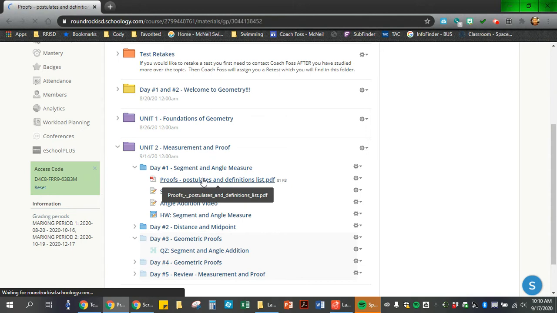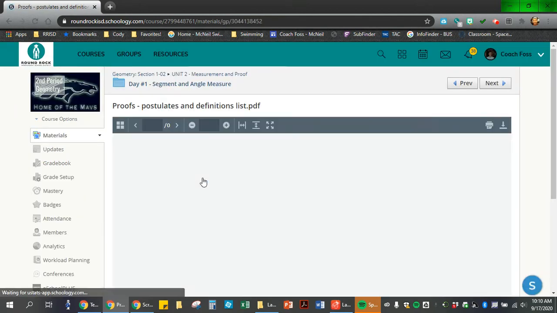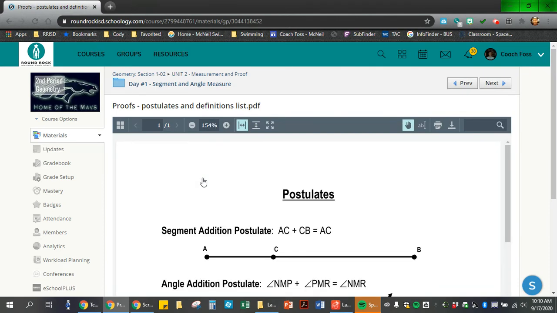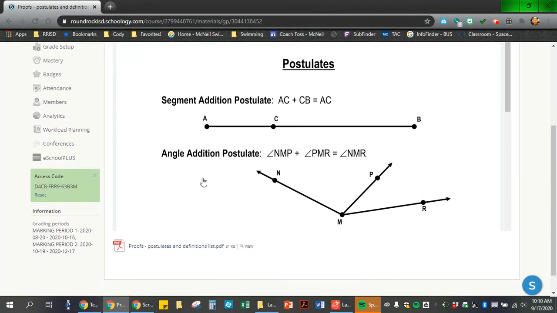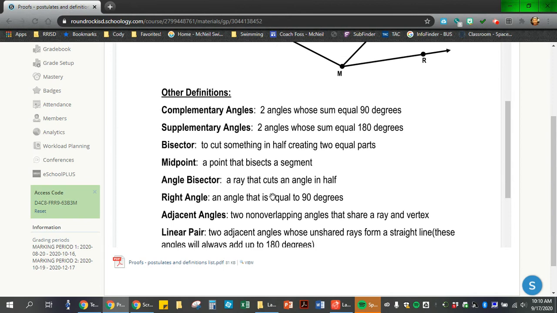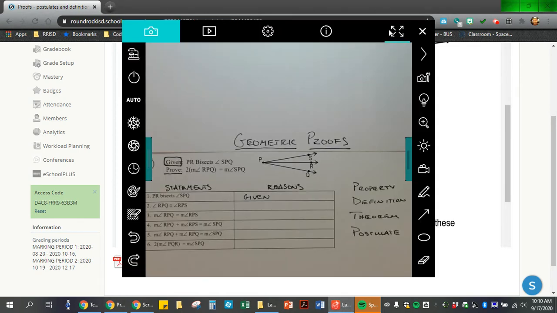I've already tried to provide you a list of all of the current postulates, like the segment addition postulate, the angle addition postulate, and a bunch of highly important definitions. In fact, these would be all of the definitions that we could possibly be using in the proofs that you're going to see in this class.